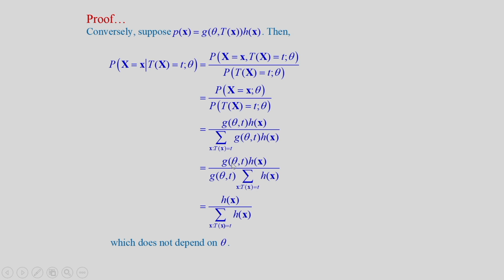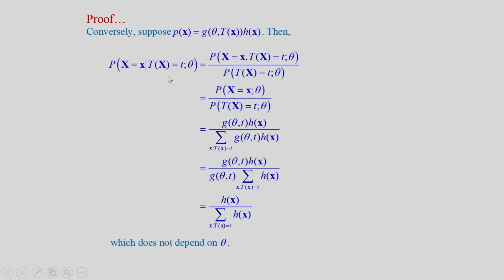So, this g(theta, t) and this g(theta, t) will get cancelled. Therefore, it will be simply h(x) divided by summation h(x), x such that T(x) is equal to t. And clearly, this expression, that is this conditional PMF, does not involve any parameter theta. Therefore, T(X) is a sufficient statistic.